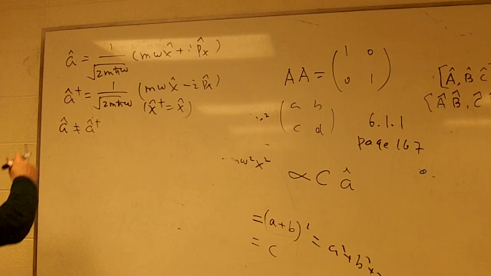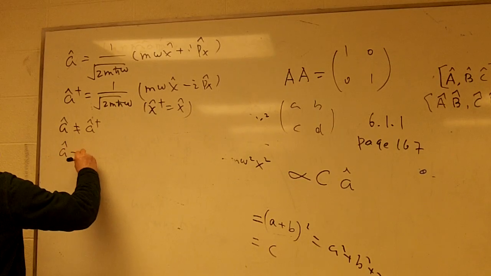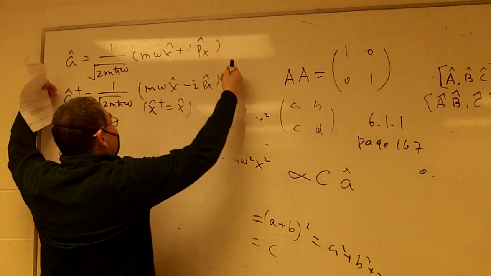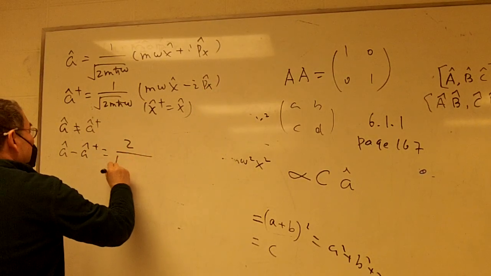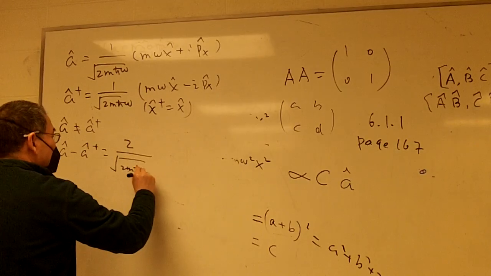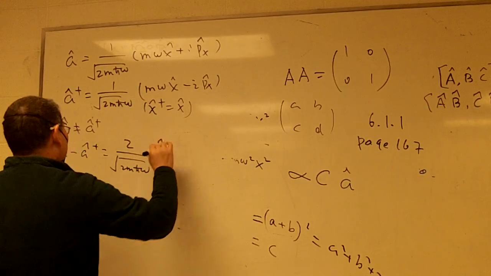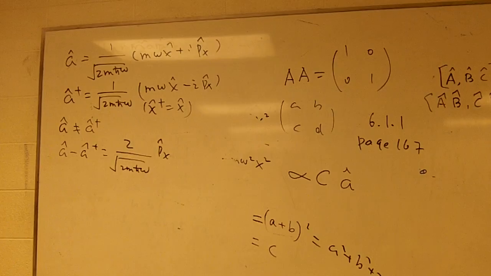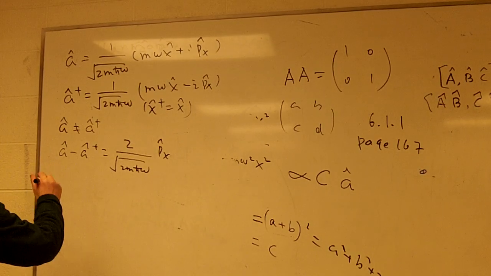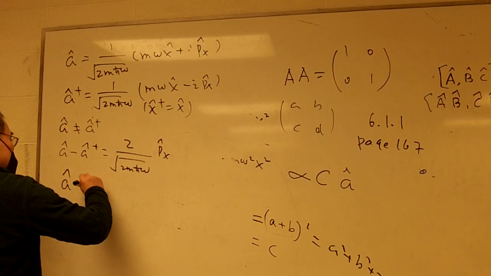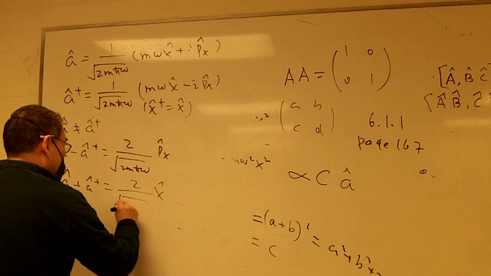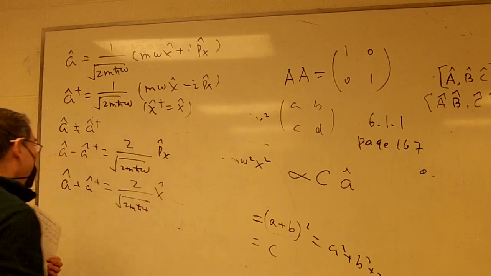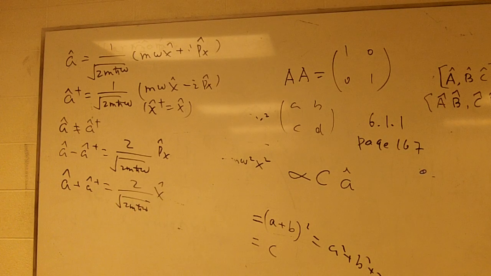If you take a minus a dagger, you will get twice the square root of 2m h bar times p_x, so you see they're not the same. If you add them up, you get the x term over the square root of 2m h bar omega, like this.